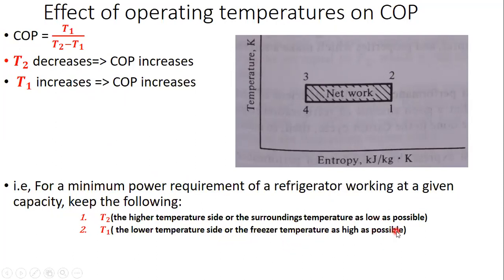But in a practical situation, for example our household refrigerator, we cannot keep the freezer temperature as high as possible, because we may have to store our ice creams, fruits, vegetables, cooked food, sometimes meat, fish, etc. They have to be kept at a sufficiently low temperature so that our food items will be preserved for some amount of time.